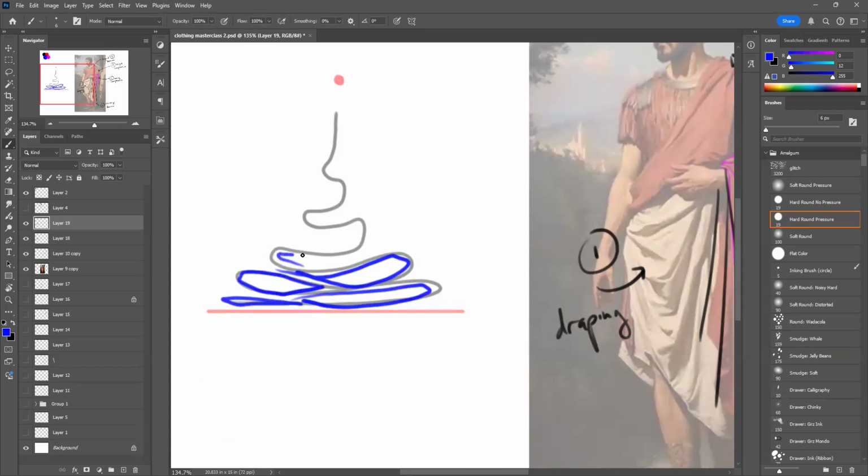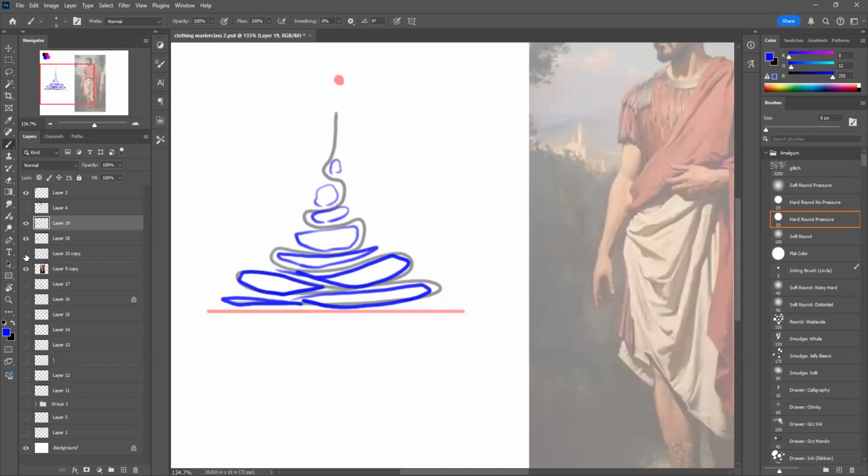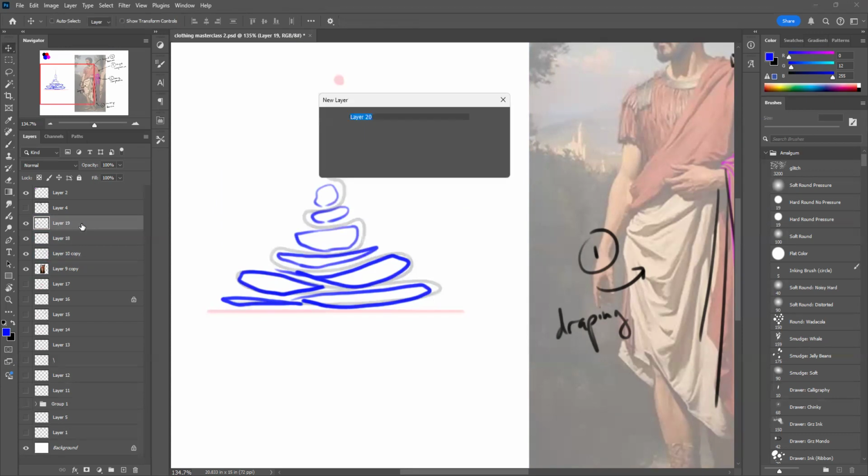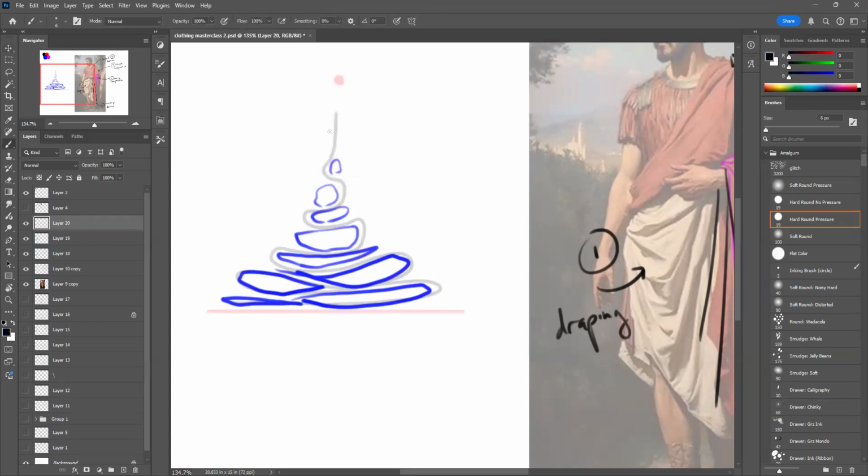You can see how they get less impressive the higher up you go. So if we turn this down now further, and we just have these shapes, if we go and draw our fabric, let's say this is an arm, right?